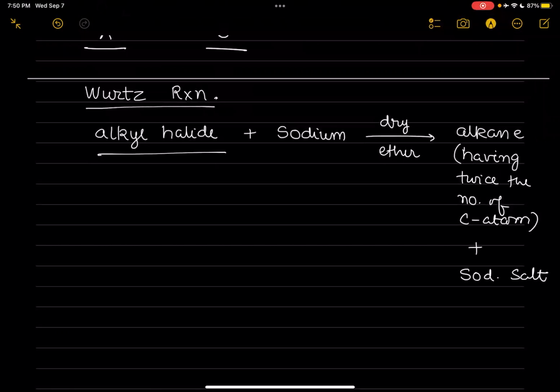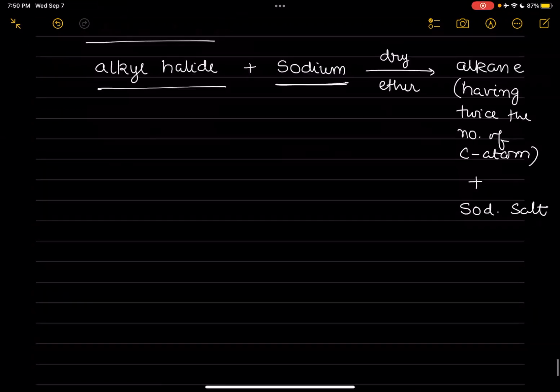So whenever you want to double the size of the alkane, you need to first convert it to alkyl halide, and when you react the alkyl halide with sodium in the presence of dry ether, which is also known as the Wurtz reaction, the size of the alkyl halide gets doubled, and you get an alkane which has twice the number of carbon atoms which were there in the original alkyl halide.